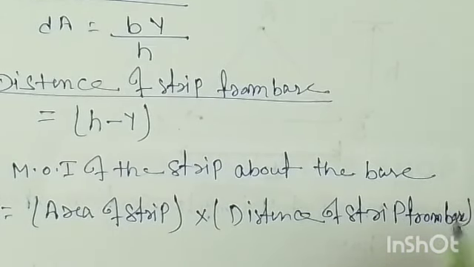Right. So for one strip we have the moment of inertia we just calculated, which is b by h into h minus y whole square. So for the whole triangle, for the number of strips, what is the lower and upper limit? The lower limit is 0, since at the base the height is 0, and at the vertex the height becomes h.